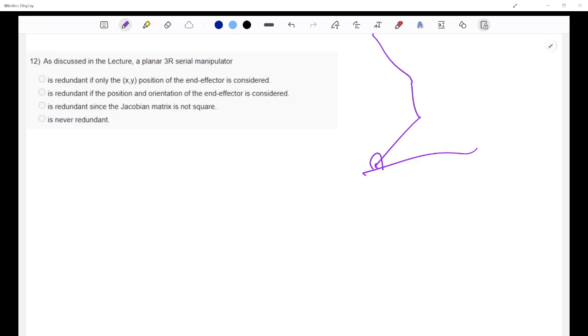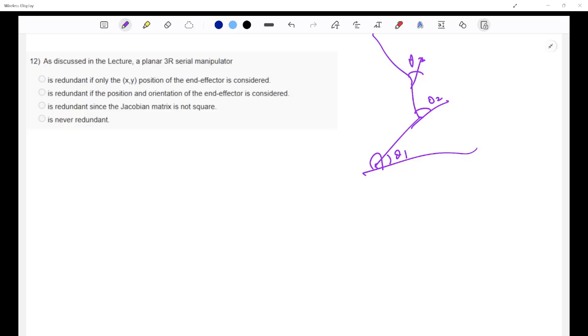Okay, so let's check. Let's say this is the manipulator and it has 3 angles, theta 1, theta 2, and theta 3. The number of joints is 3, so degrees of freedom are 3. What task are we solving?